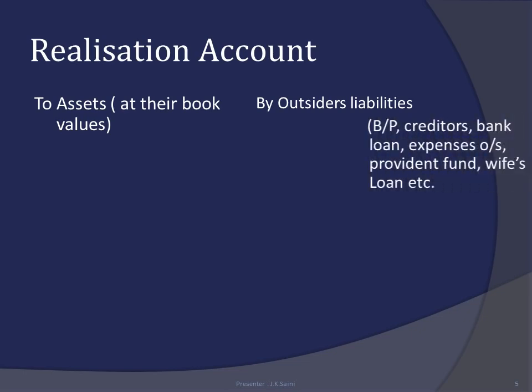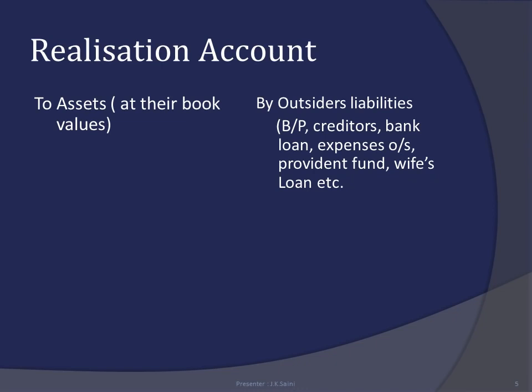These are outside liabilities. You will see these in the balance sheet. Bills payable, creditors, bank loan, expenses outstanding, provident fund, and even wife's loan is treated as an outside liability. The provisions also have credit balance.